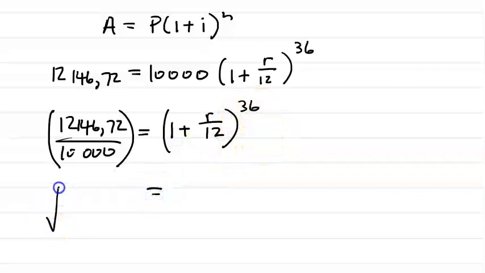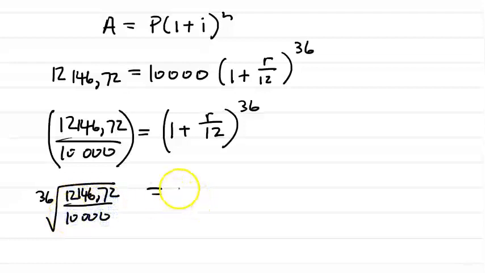So therefore you have the 36th root of 12,146 Rand and 72 cents over 10,000. And now you're left with 1 plus R over 12.